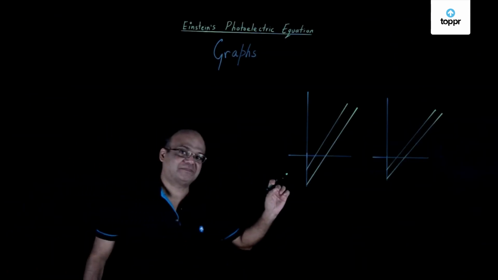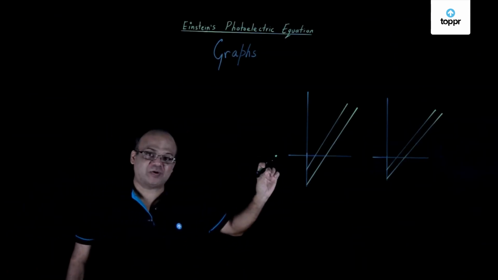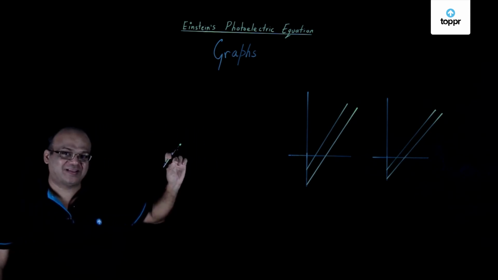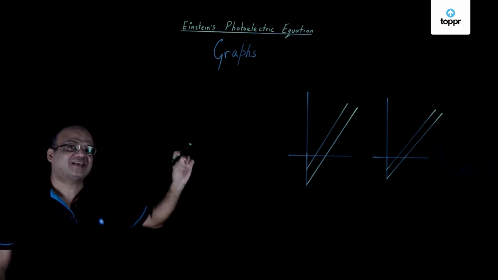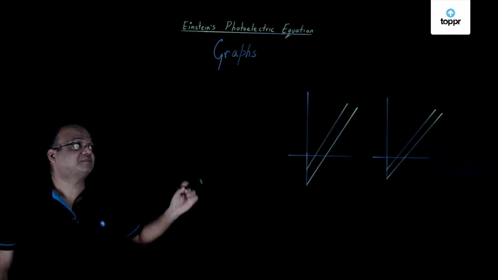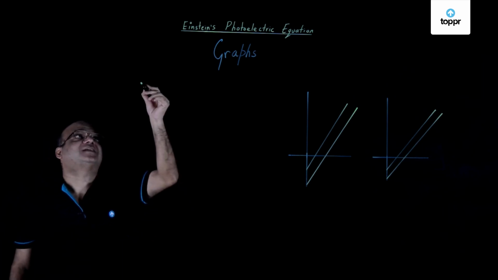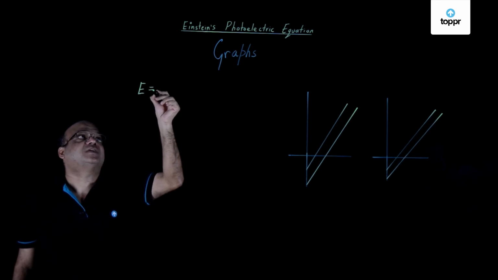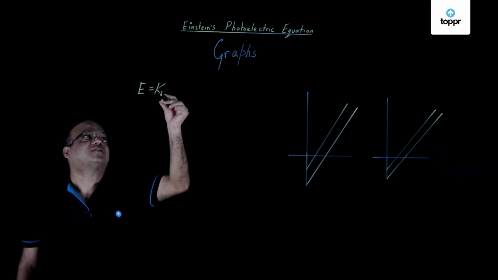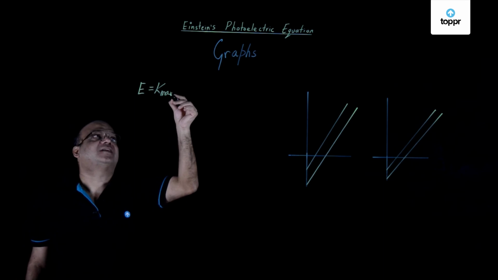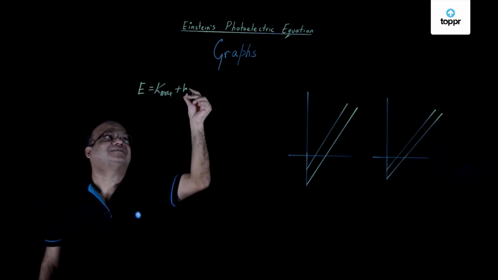In this lesson, we are going to learn about the graphs that come from Einstein's photoelectric equation. We know that the energy of a photon is equal to the Kmax of the photoelectrons plus the work function. Right?